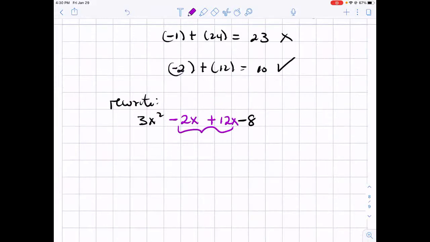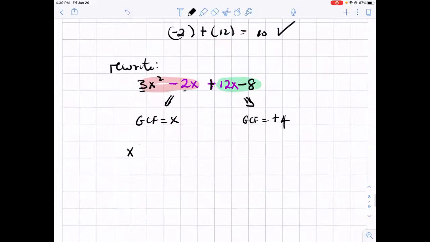Now, let's factor by grouping. Let's see what's the GCF on this side versus what's the GCF on this side. So the GCF on this side here, there's nothing common between 3 and 2, so it will just be x. And the GCF on this side here, since this is a plus sign, plus 4.